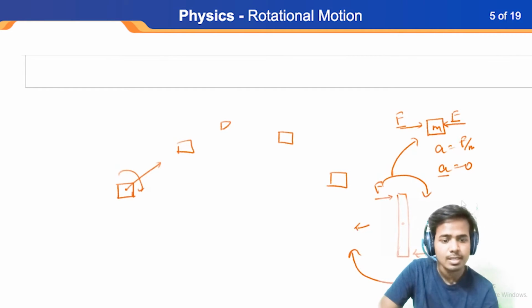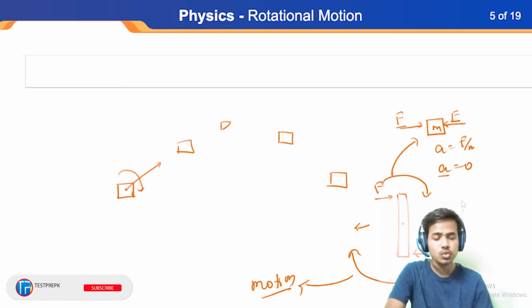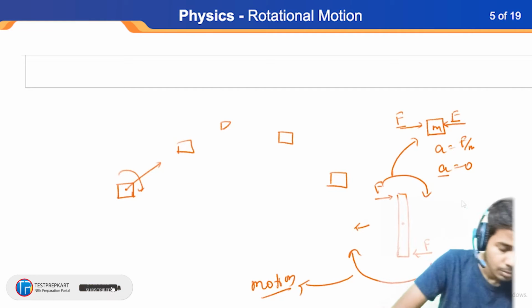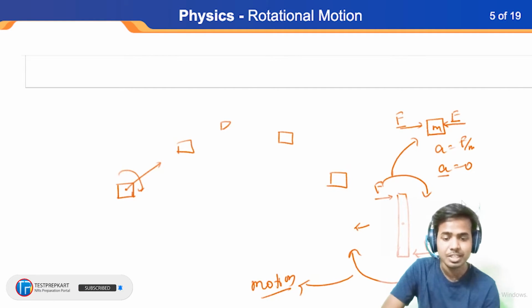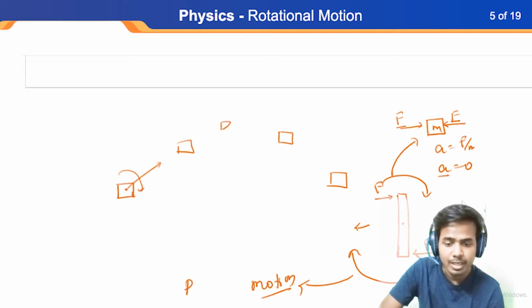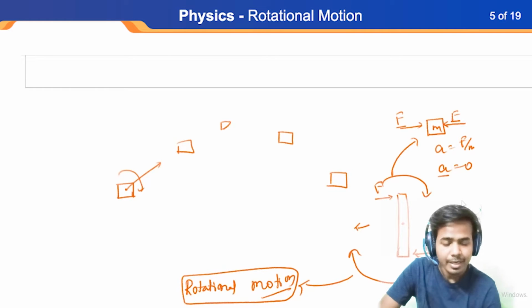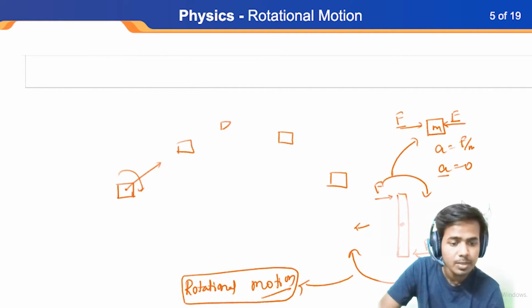So of course this motion is certainly different from the motion we have been discussing previously, which was translational. This type of motion is called rotational motion, in which the whole body rotates about some certain point.